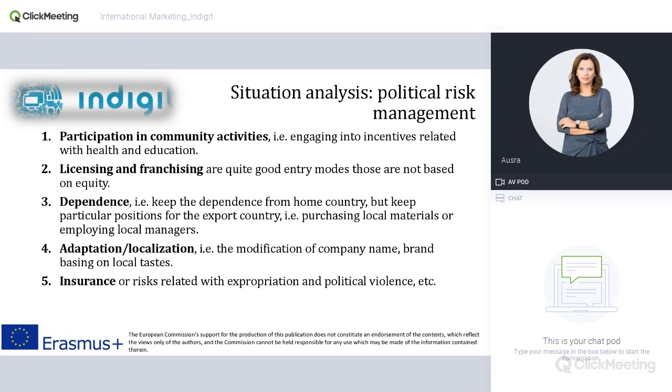An SME also should keep independence from the home country, but keep particular positions in the export country, that is purchasing local materials or employing local managers. While entering an international market, an SME should consider if it has to adapt and localize the product based on local tastes. And also very important is insurance against risk related with expropriation and political violence for the SME.